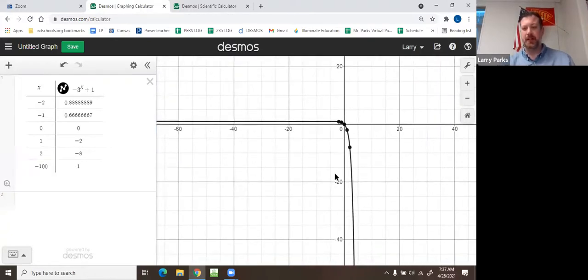My domain is all real numbers. And then my range will be everything less than negative 1, but not including. And so to summarize, I wrote it all down.